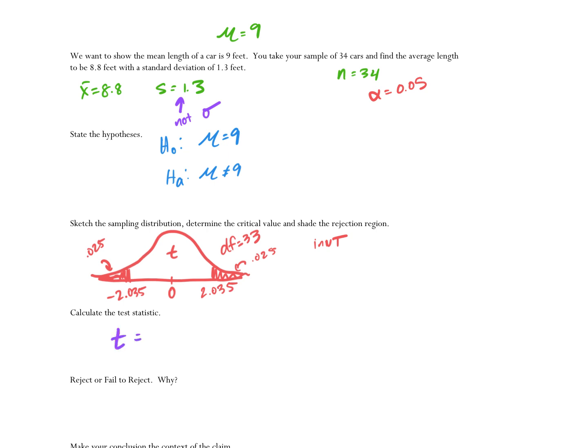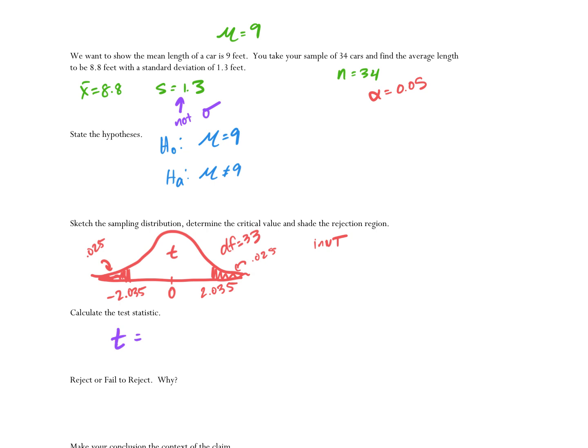So let's go back to our calculators. We're going to hit stat, arrow over to tests. Does anybody see anything that might be useful here? T-test, option number 2 that says T-test. Go ahead and select that one. Again, we have the summary stats, so we want to select stats.